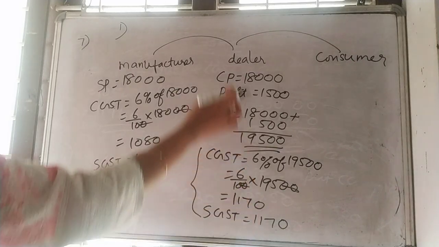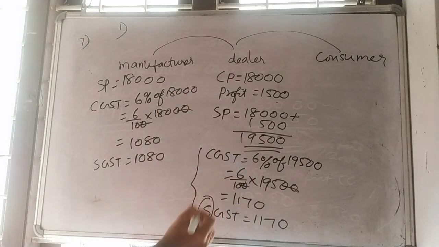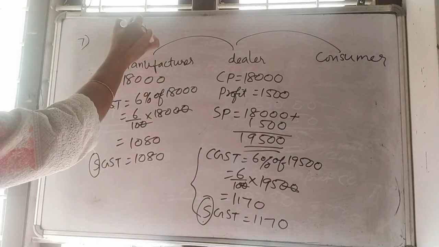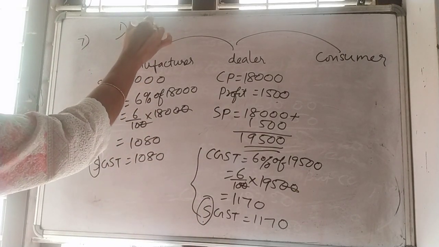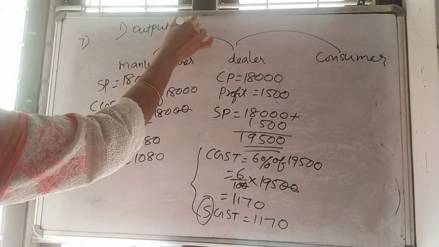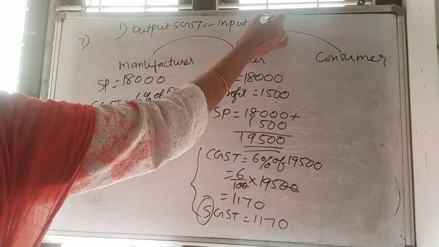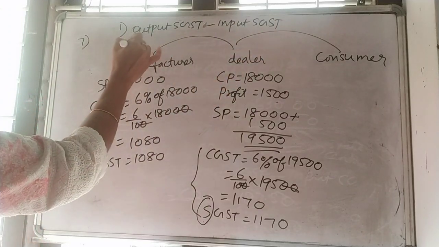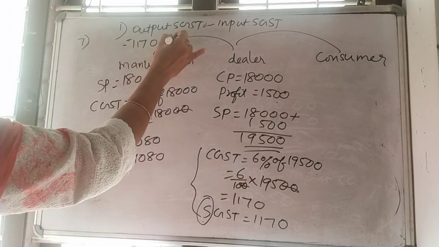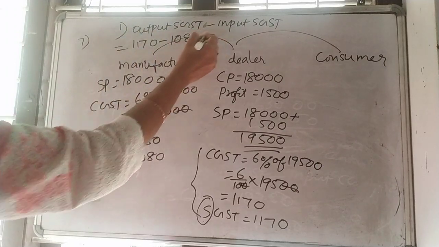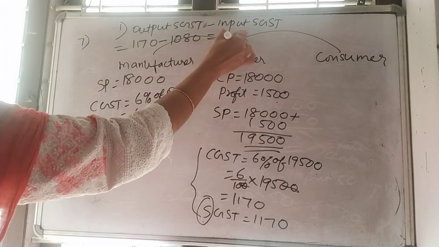State government we are discussing, so state government means SGST we have to take. So it will be output SGST minus input SGST. So it will be 1170 minus 1080 is equal to 90 rupees.